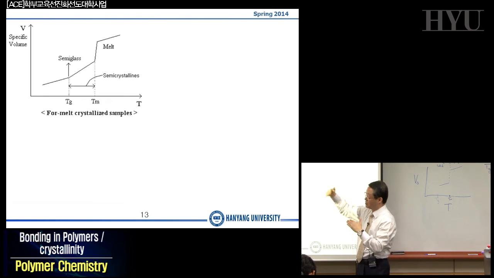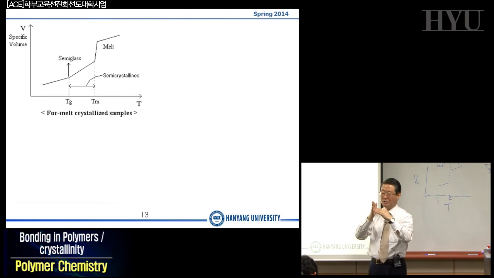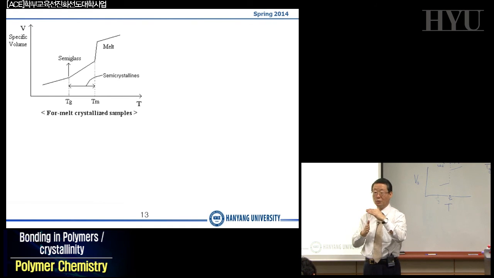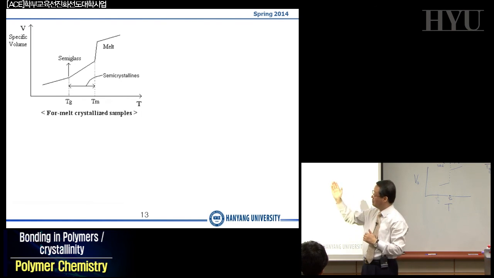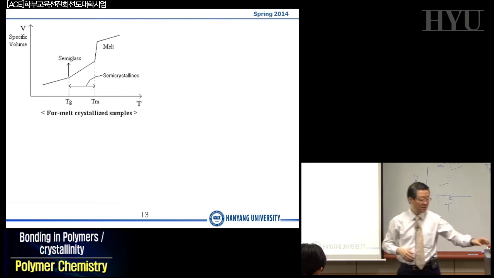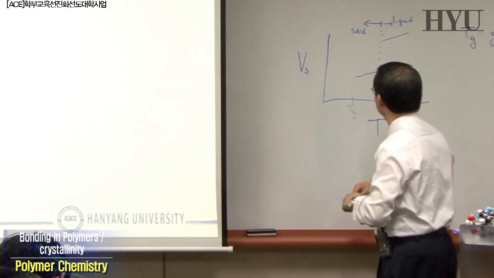So there are some inflection points, a critical temperature where the phase changes. In the solid phase, below the glass transition temperature, we call this the glass state.